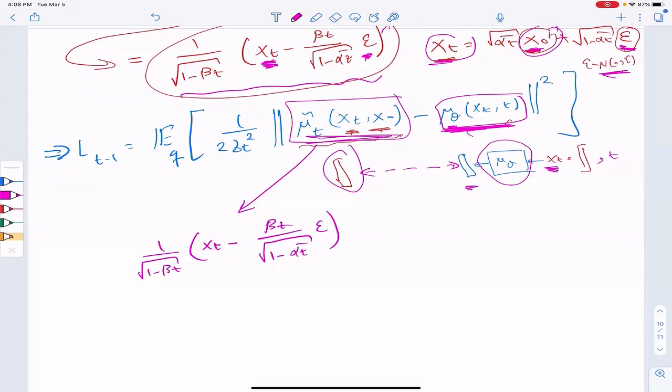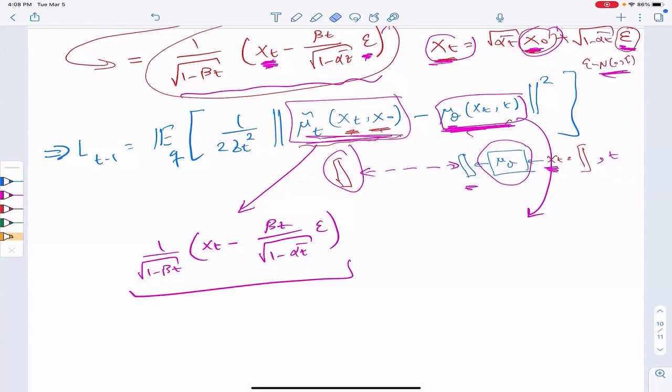But I can maybe reformulate or recharacterize mu theta. Instead of writing mu theta the way that I'm writing here, I can write it in a format that looks like something like this.